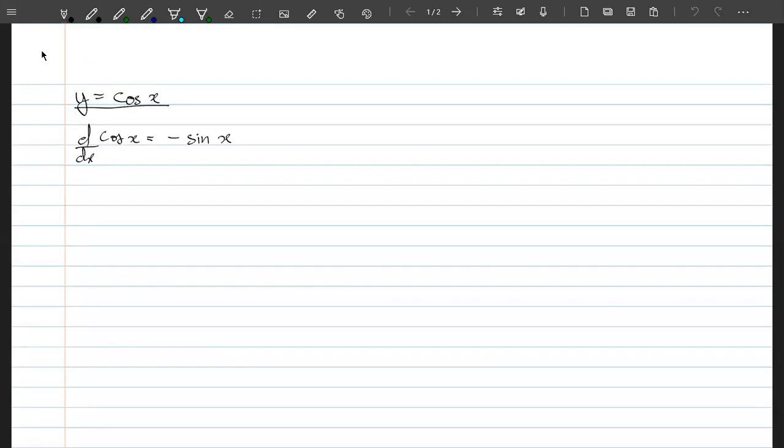Last time, I had given this problem to prove that the derivative of cos x is equal to minus sin x from first principles. So let us do that now. For this, recall that cos of a plus b is equal to cos a cos b minus sin a sin b.